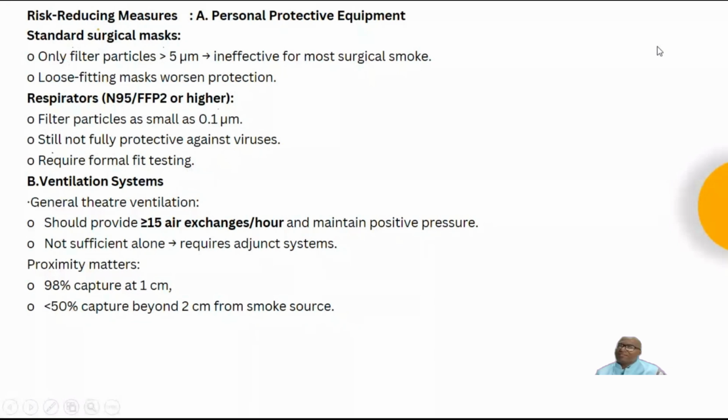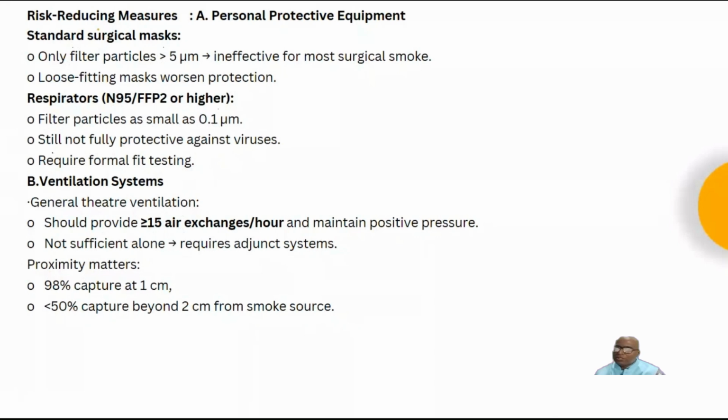Okay, then there are various ventilation systems, like general theater ventilation. General theater ventilation should provide at least 15 or more exchanges per hour and maintain positive pressure. Because of this positive pressure, outside air is not contaminating the theater air. But this general ventilation is not sufficient alone and requires an adjunct system. There are various systems which we will see in the next slide.